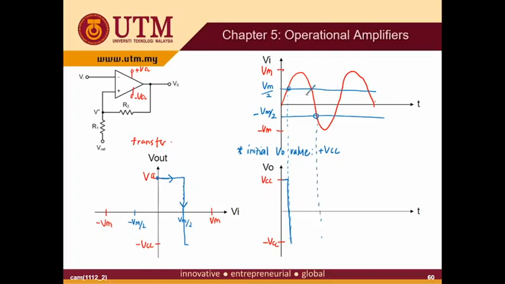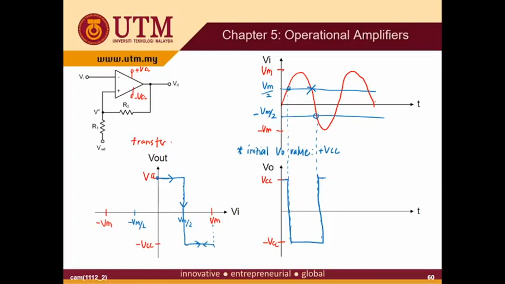It will ignore this transition point, and the next transition point is VLTP. Okay, so this is what happened at the output voltage. For the transfer characteristic, at this point the output will increase towards the maximum value at the peak of the input, and then it will go back, reverse.